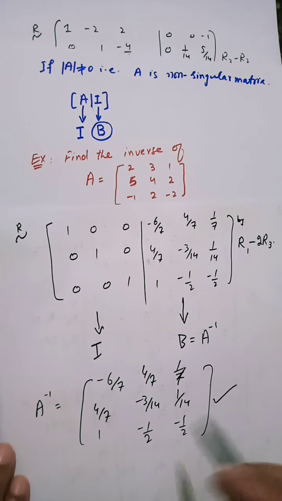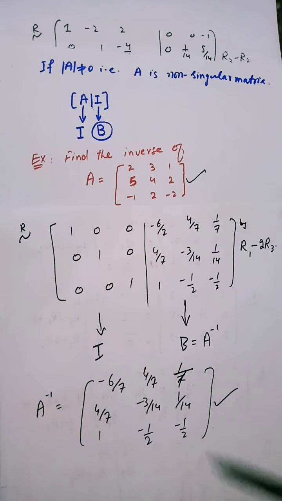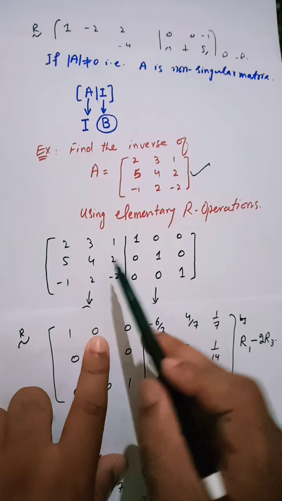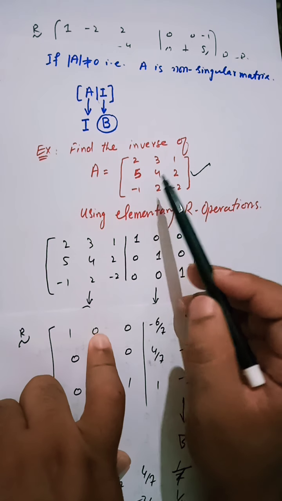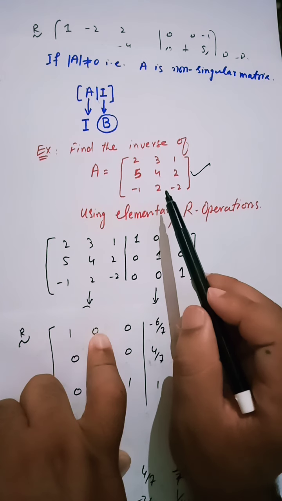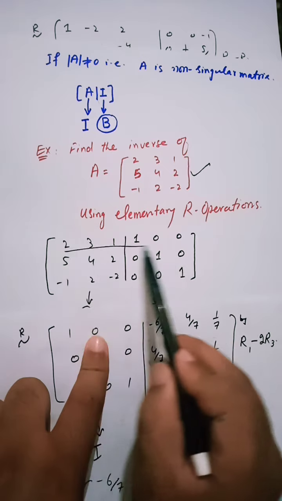This matrix is the inverse of this matrix, and this is the process of using elementary row operations to find out the inverse of a square matrix. So you can do successive row operations on such type of matrix. You need to attach the identity matrix of the same order as the given matrix and perform the elementary row operations, but this will be considered the whole first row.